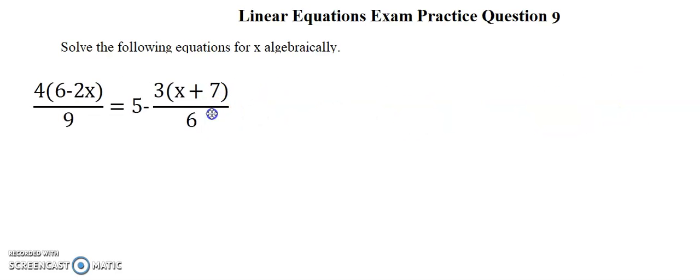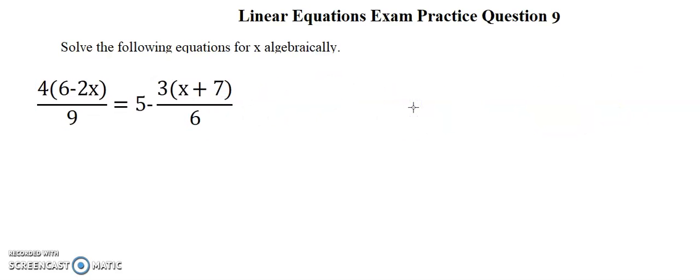Before I get started, I'm going to see if I can simplify anything with my fraction. And I can see that with my fraction on my right hand side, there's a common factor of 3. I can divide the top by 3 and I can divide the bottom by 3.